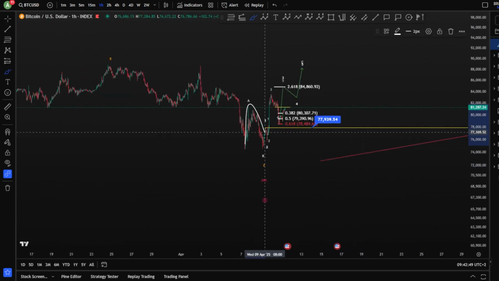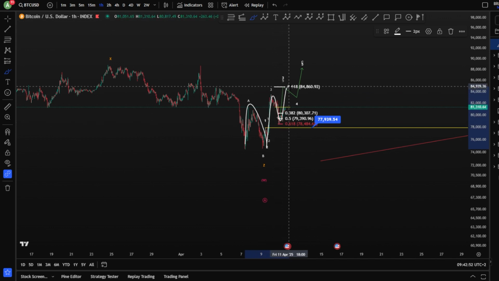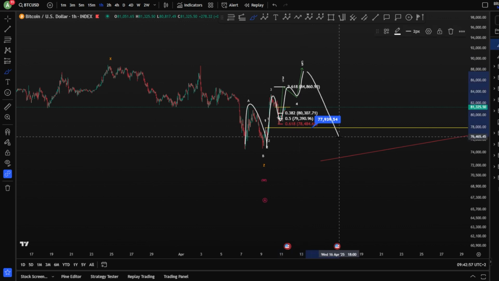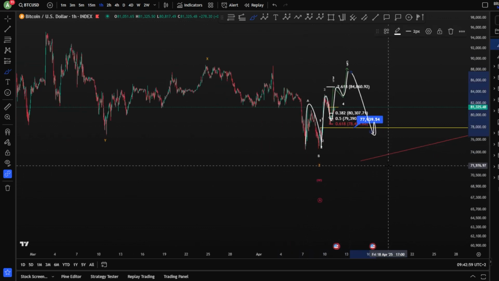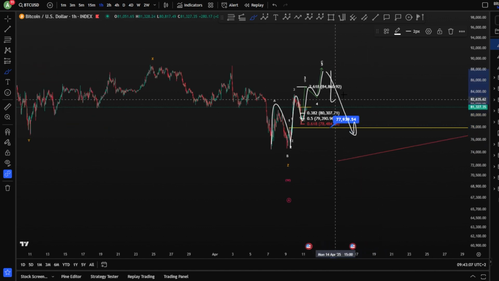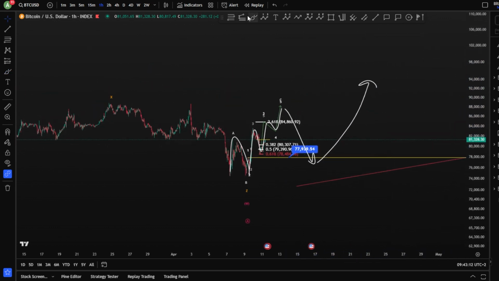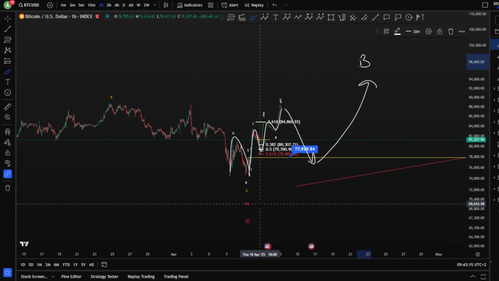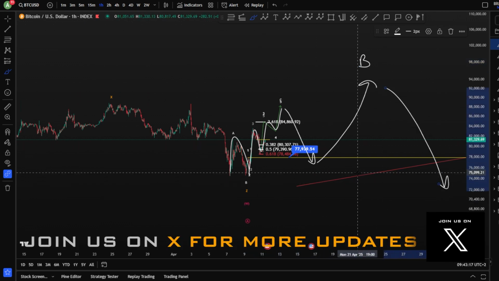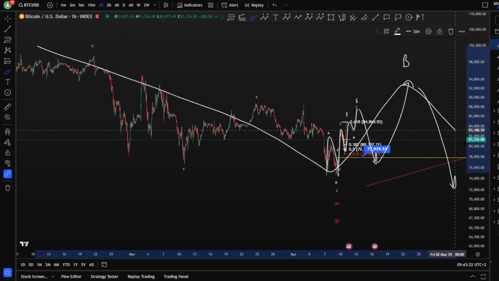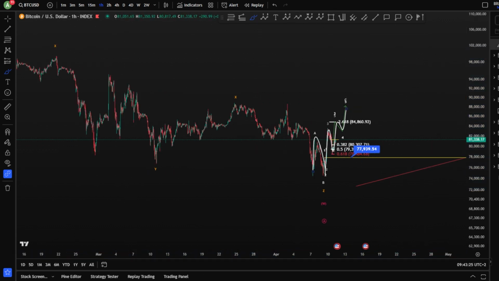You're looking for an A, a B, and a C, or your C can even be an ending diagonal, for example, finishing a wave C in the high and then moving toward the downside for a new structure, which can unfold in three waves toward the downside rather than an impulse, and then one more move toward the upside where you would like to finish your wave B. In this scenario, again, you move toward the downside for a major wave C. And that means a huge A, B, and C is going to unfold after this one.